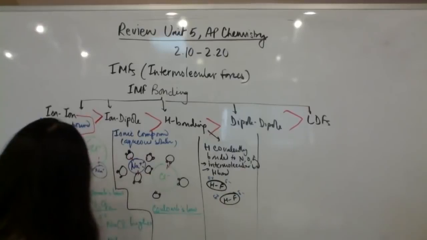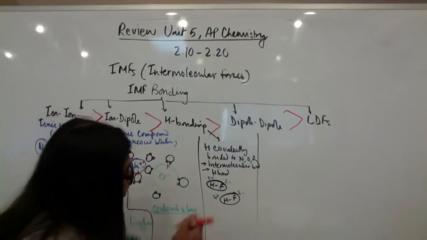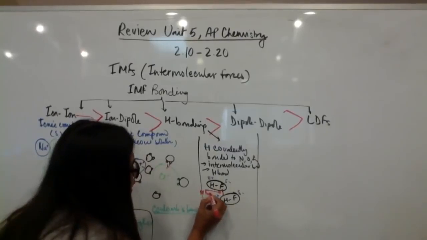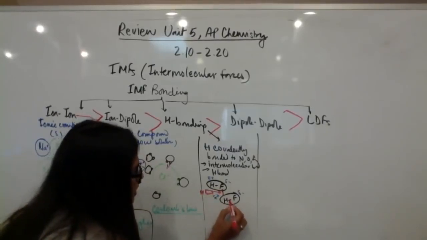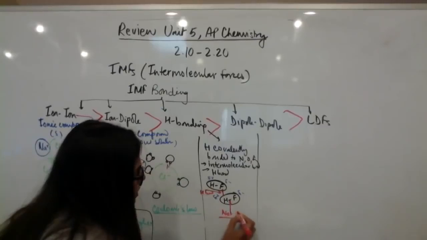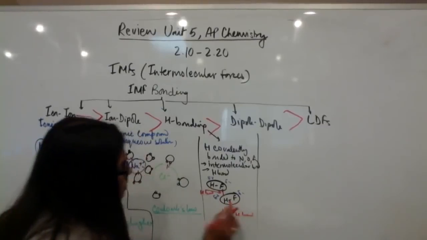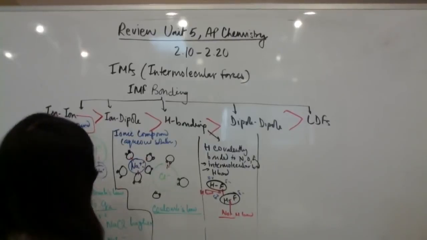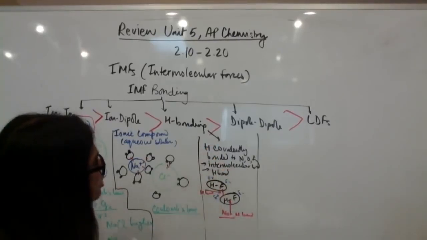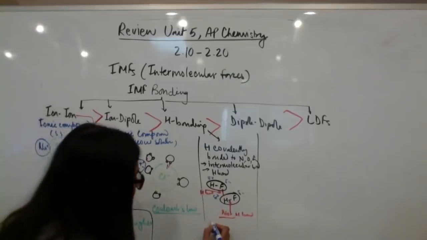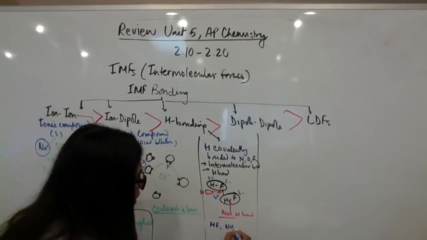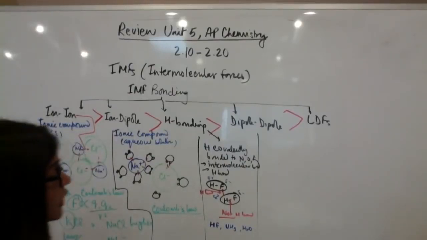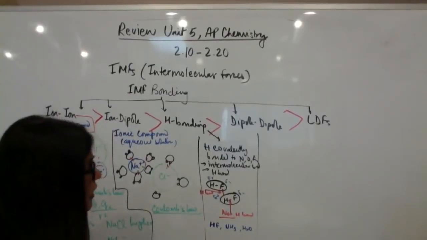And this attraction between them, fluorine and hydrogen, this is the hydrogen bond. This is not the hydrogen bond. That bond is a covalent bond. So hydrogen bonding exists in HF, ammonia, and H2O, or any other place where hydrogen is directly bonded to N, O, or F.